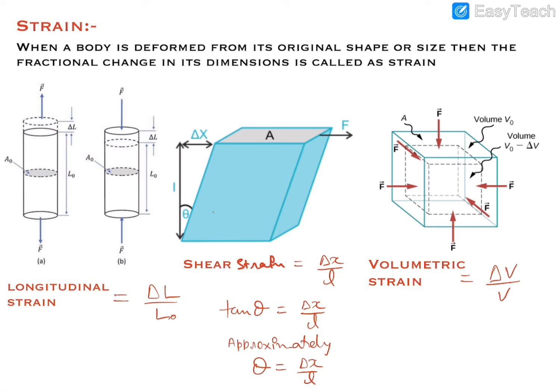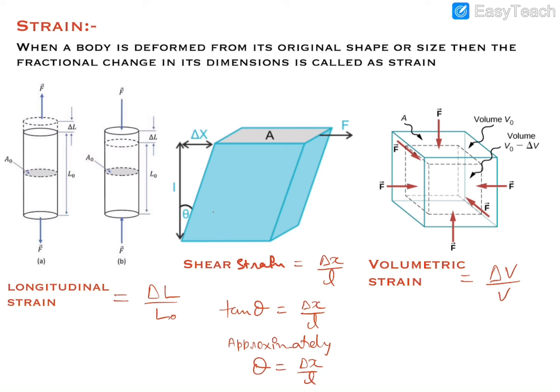So this video has the basic idea about elasticity, stress and strain, and let me recap all of those three quantities. Elasticity is a property of a body. It is not necessary that elasticity is defined only for solids. In fact, elasticity is a property of matter.